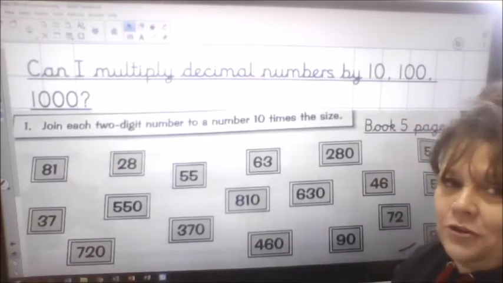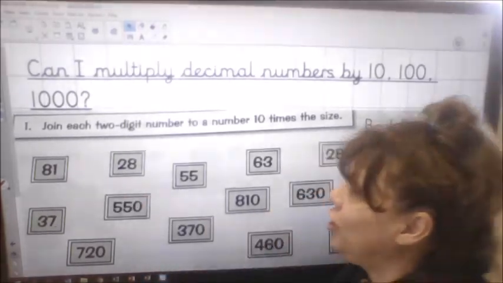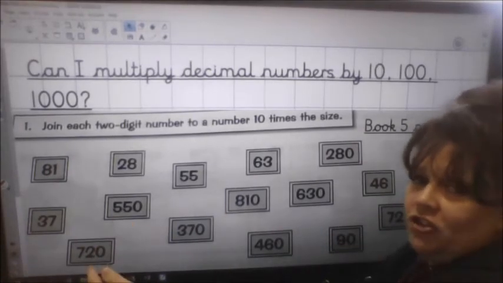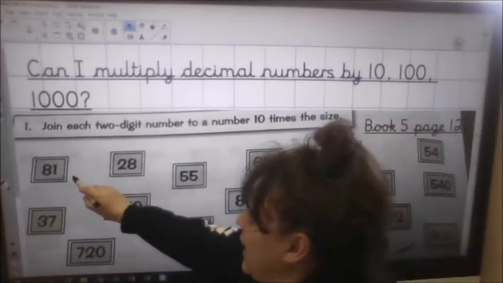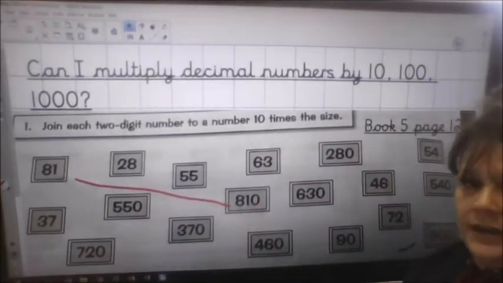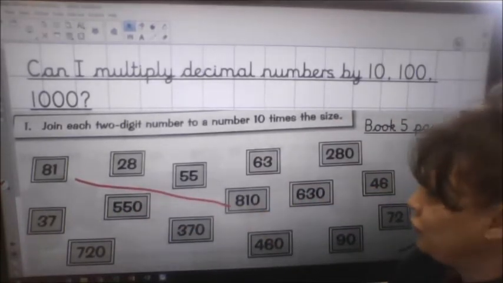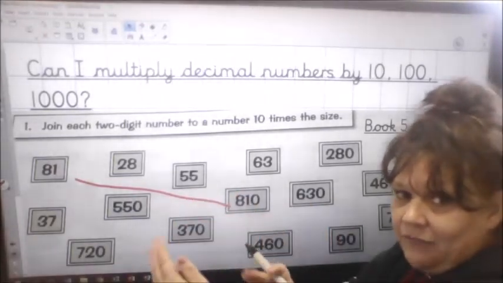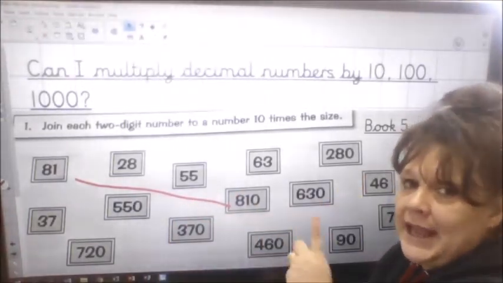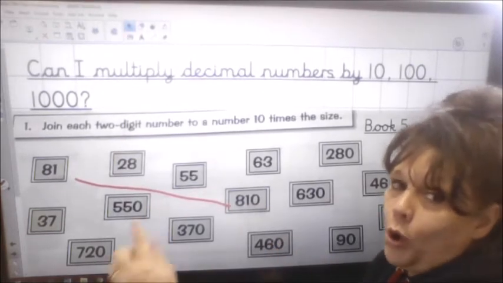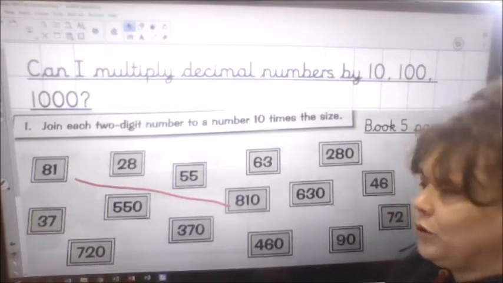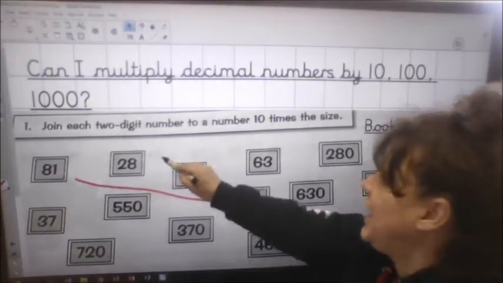So let's have a little look then. 81 multiplied by 10, move the digits along, add a 0, and we end up with 810. I'll do one more. 28 times 10, it goes one place to the left because we've got 1 0 in the 10. One place to the left, and we fill the gap with a 0, so it becomes 280.